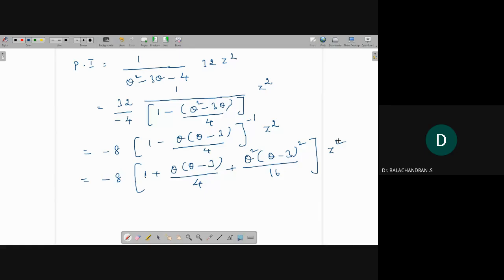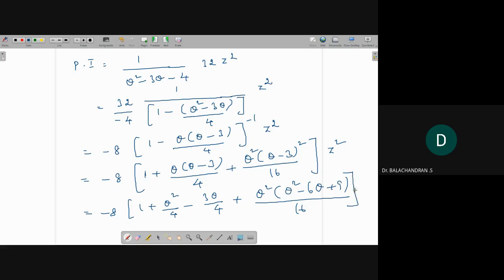Now this is equal to minus 8 into 1 plus theta square by 4 minus 3 theta divided by 4 plus theta square into, if you expand this one, theta square minus 6 theta plus 9 divided by 16, into z square.